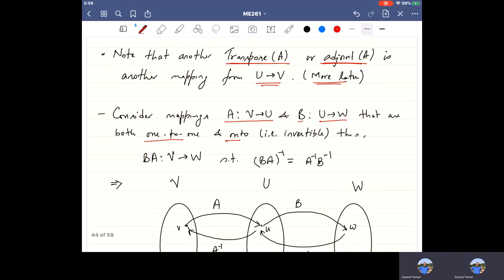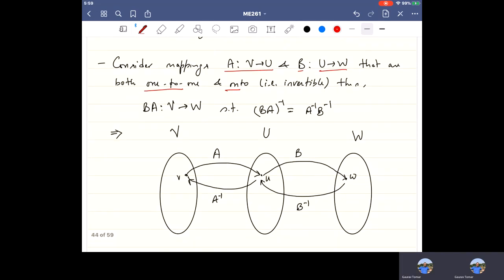So you have a vector space V and you're mapping using A to U, and then you have a vector space W and you're mapping U to W using transformation B. Now, if both are invertible, then you can map W to U using B inverse.